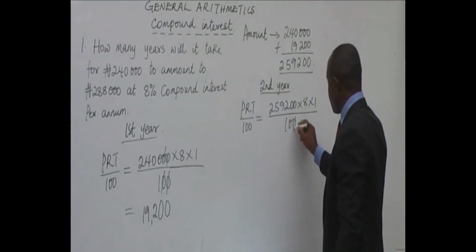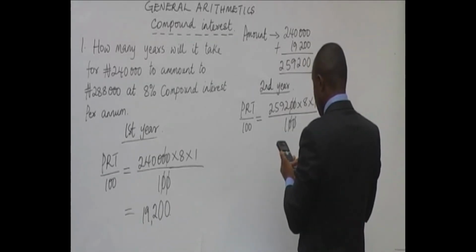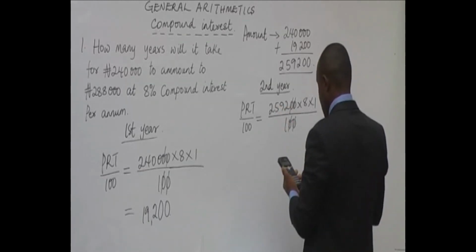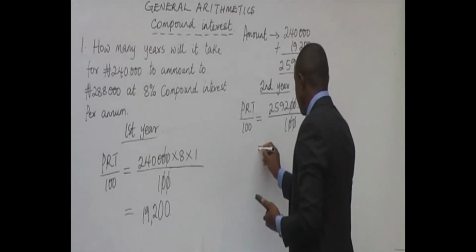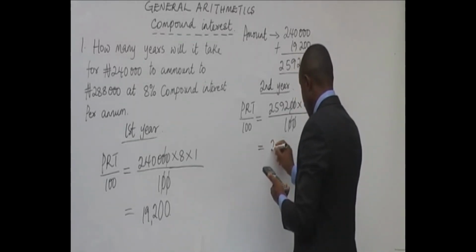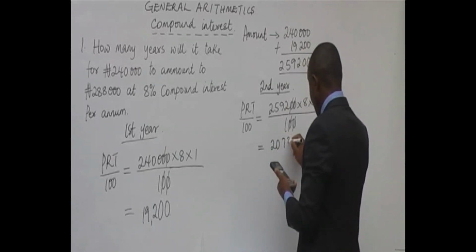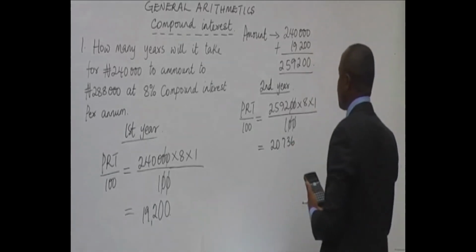Let's multiply out: 2,592 times 8 is giving me 20,736 naira.